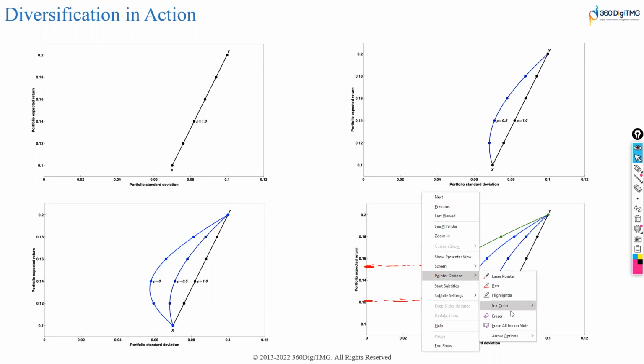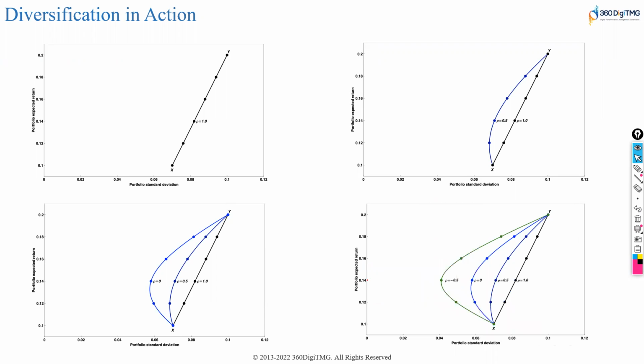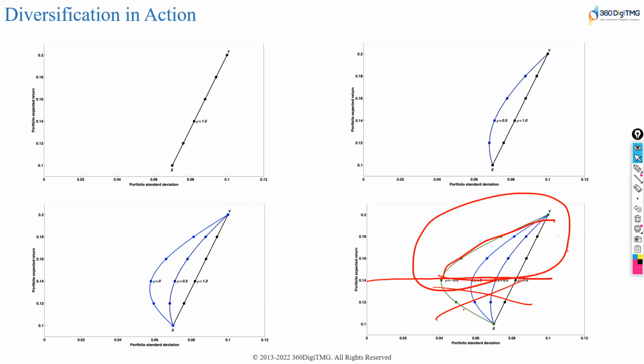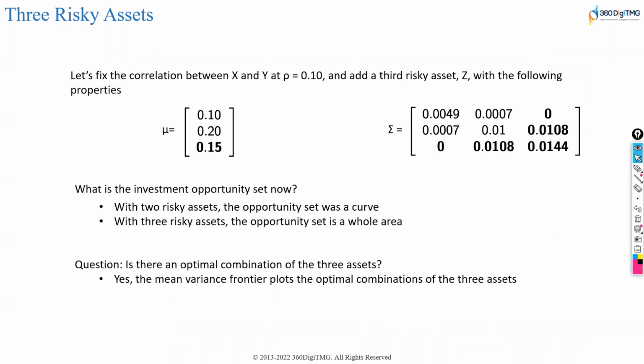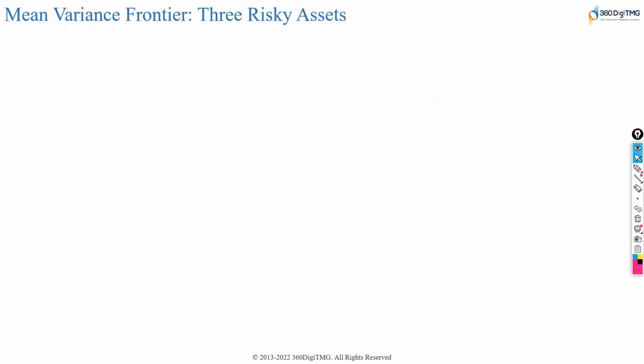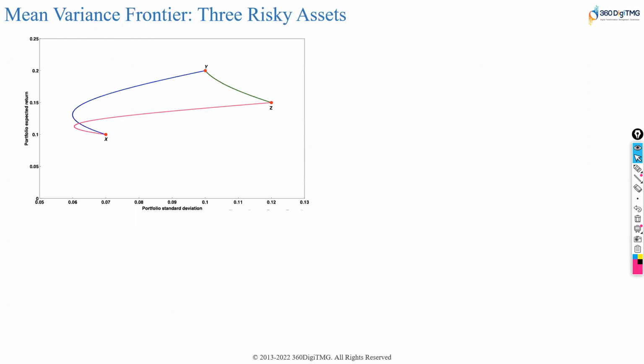Hence, the lower half becomes irrelevant. Only these curves would be relevant. These, no one wants to invest in. If I cut it horizontally, then this portion is what people would be interested in. This curve is what people would be interested in. Okay.